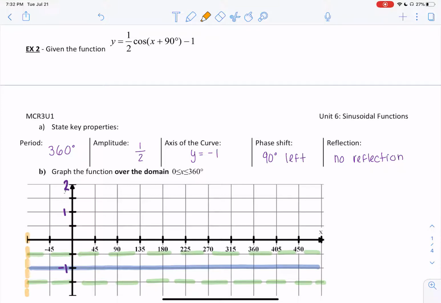So I know that the period is 360 degrees. So that will bring me to 270. There we go. And we're just going to graph from 0 to 360. So we're going to plot all of this here, but the only part we care about is from 0 to 360.